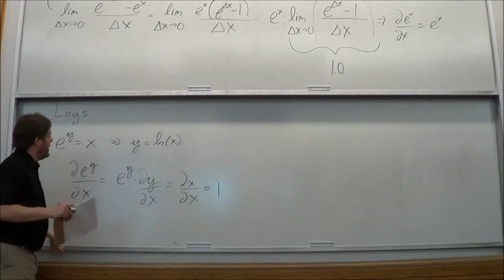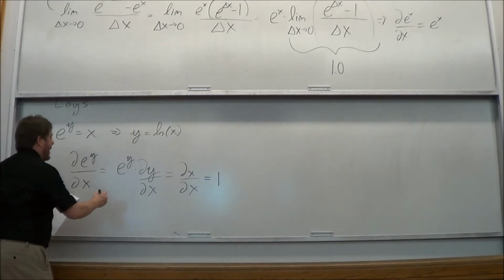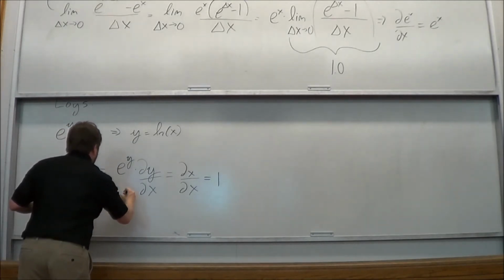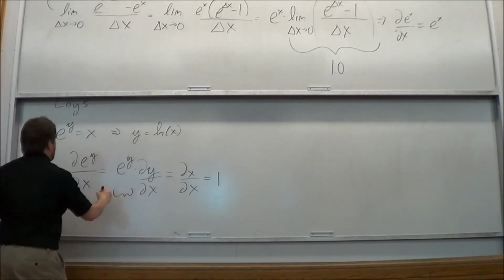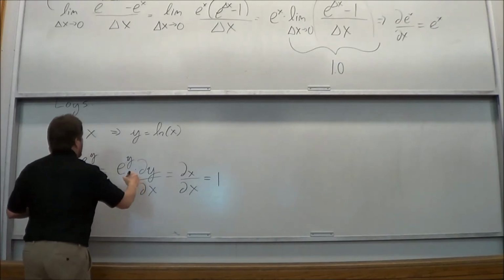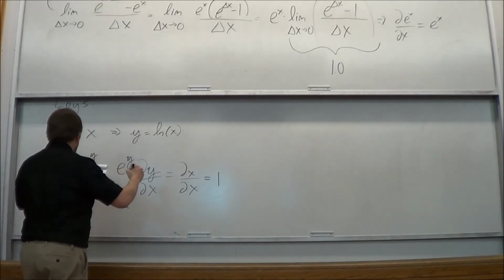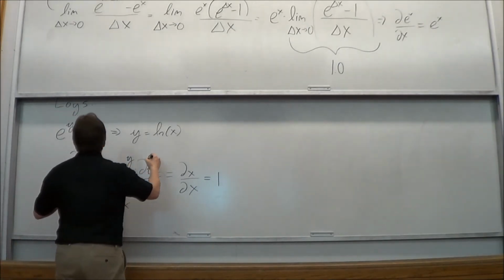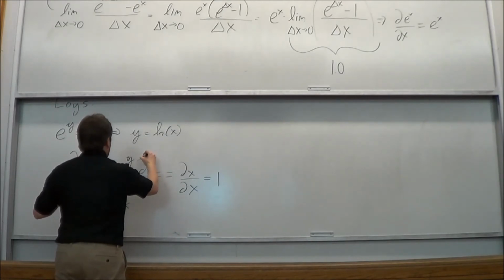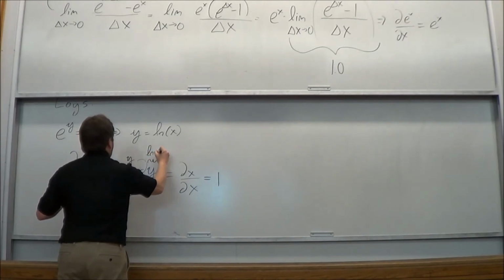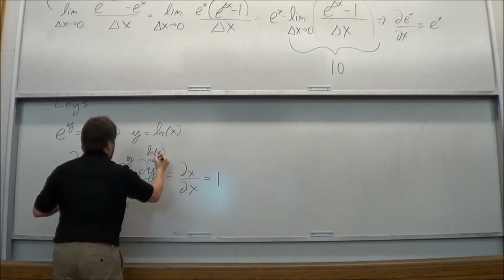All right, what's the point of this? Well, this thing is equal to x, and the change in y is equal to ln of x. I know this is kind of funky looking. I couldn't really think of a better way to do this.